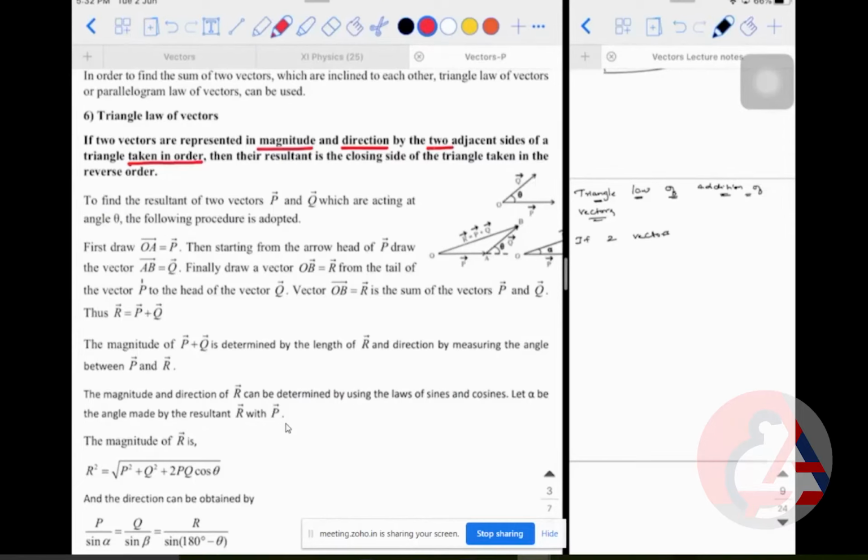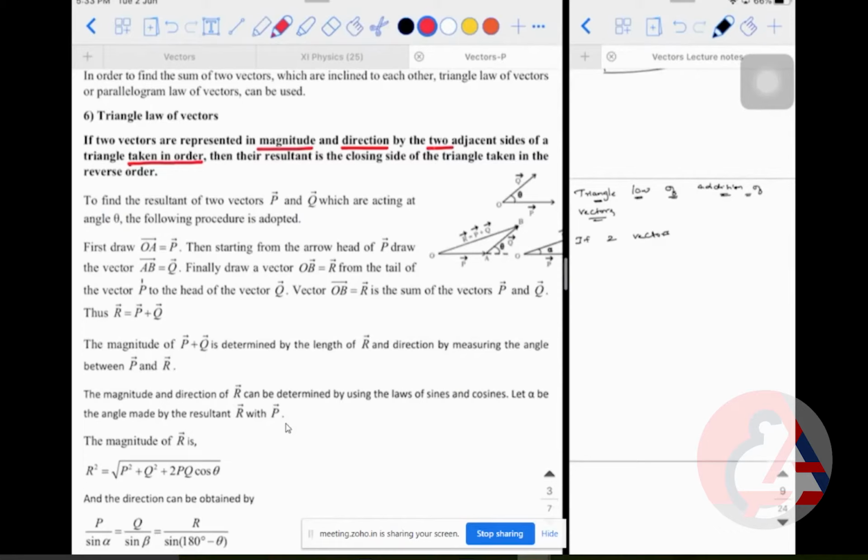I'm repeating it. Then their resultant is the closing side of the triangle taken in the reverse order.